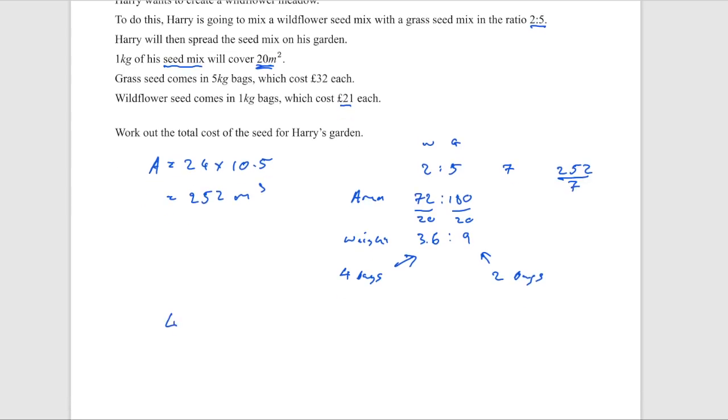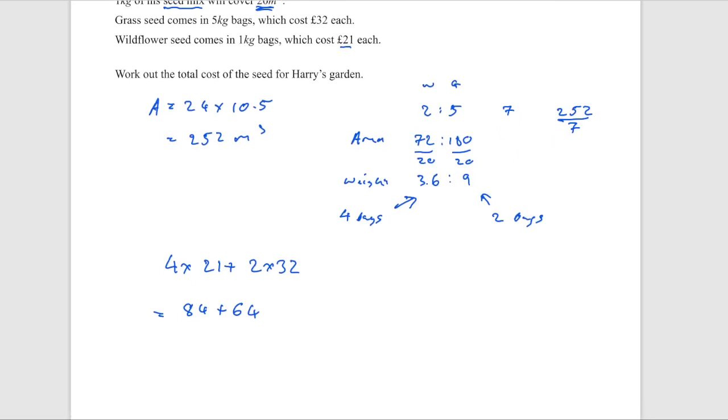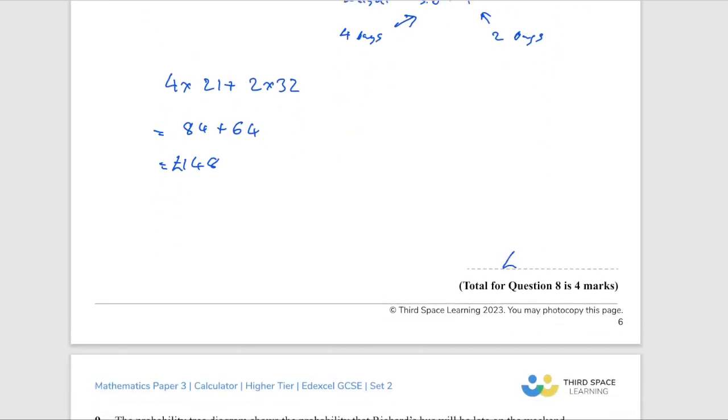So I need 4 lots of 21 plus 2 lots of 32. So that's going to be 84 plus 64. So I think we're looking at 148 pounds for our total cost. So a total cost of 148 pounds.